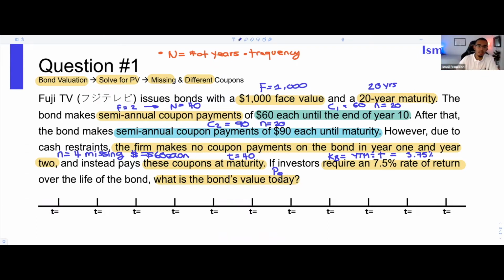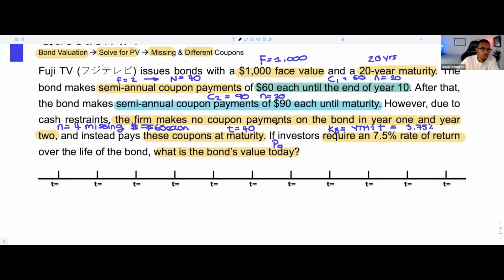So now let's quickly make our timeline. It's going to help us a lot with understanding what we want to do, okay? So we could make a timeline like this with t equals 0, 1, 2, 3, and 4.